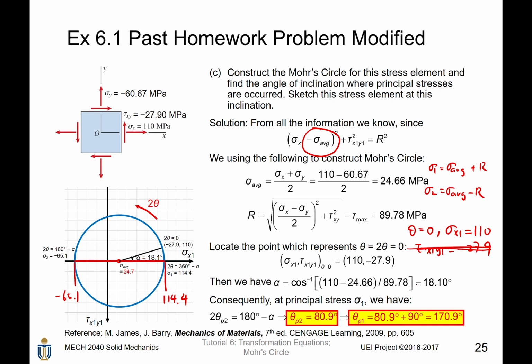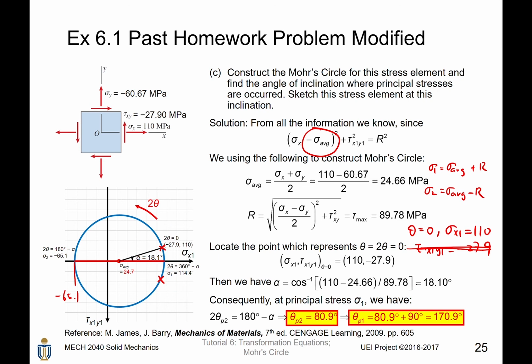By using our condition, sigma x equals 110 million pascal, we can locate the point here. However, you may wonder, for sigma x1 equals 110 million pascal, there is another possible point lying here. Then why can we confirm it is located here instead of here?